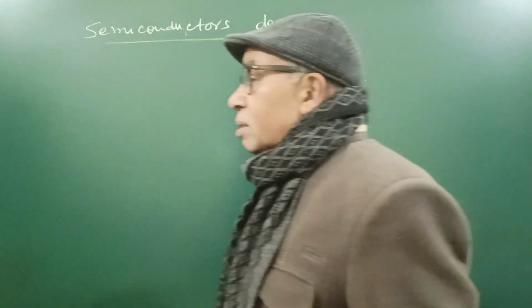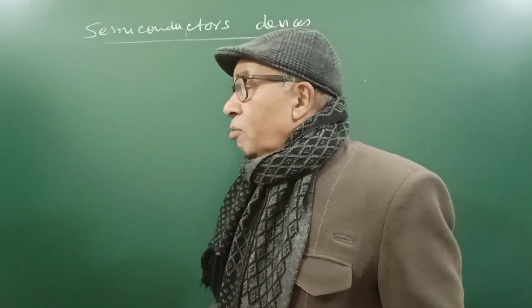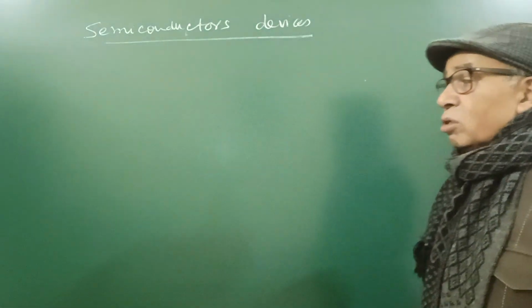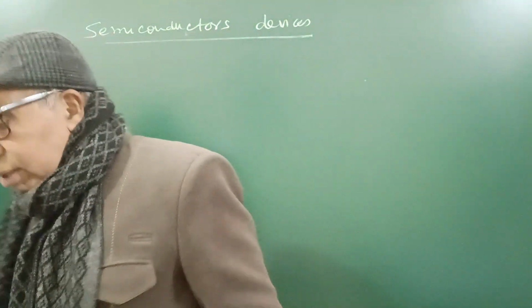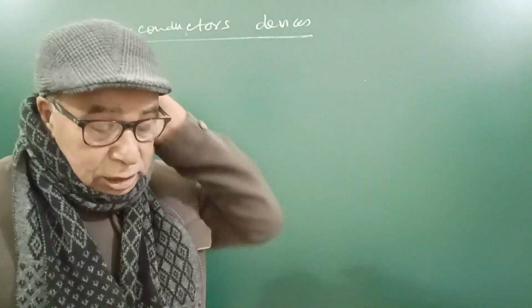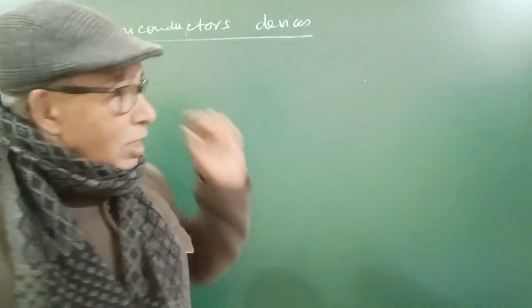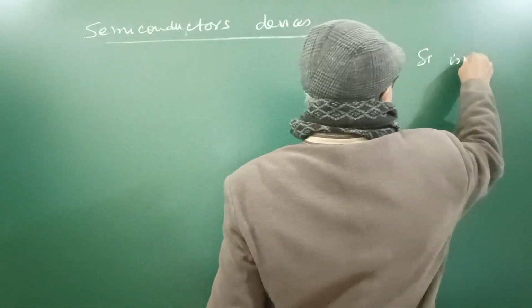Actually, suppose you want to obtain N-type semiconductor, we melt silicon or germanium. Mostly these devices are obtained on silicon. Si is melted.